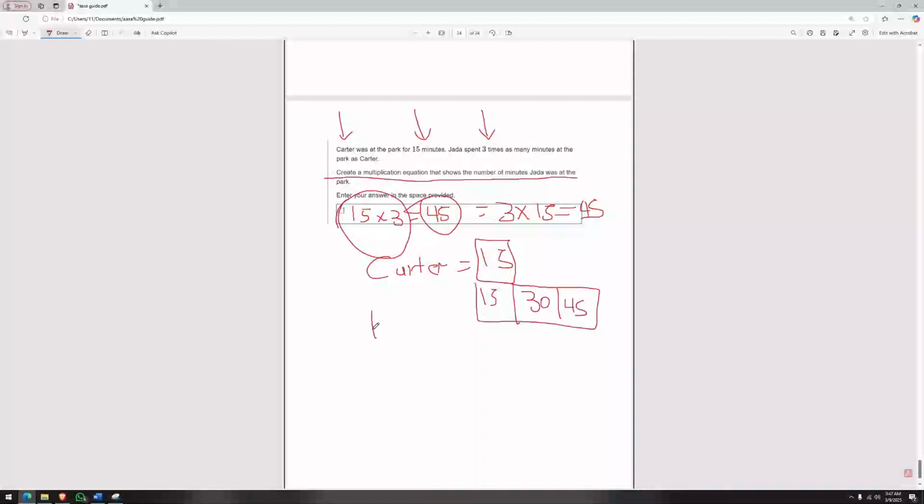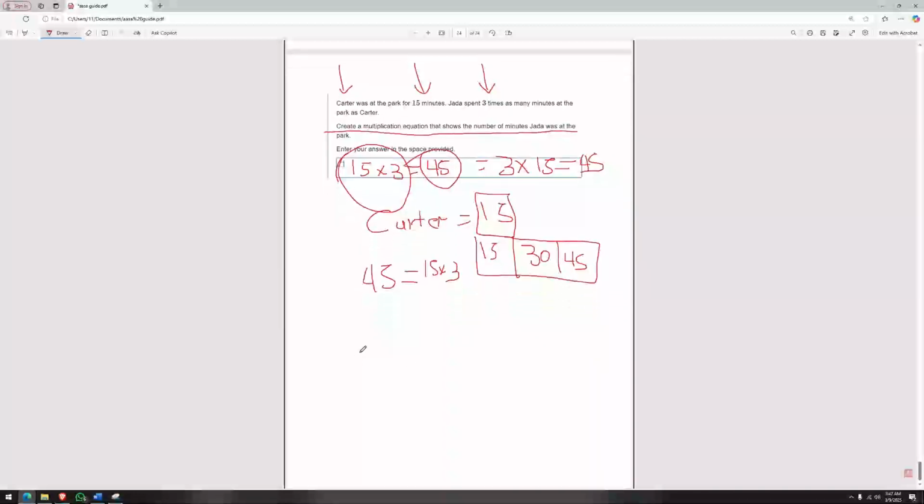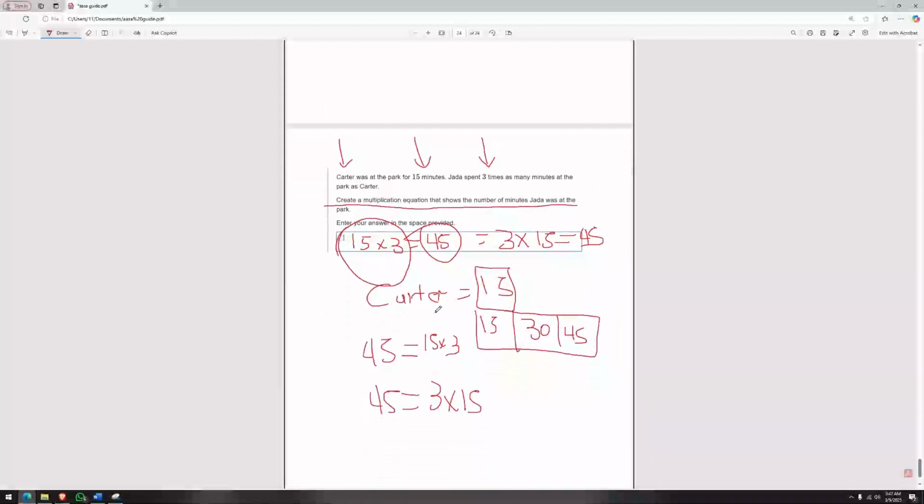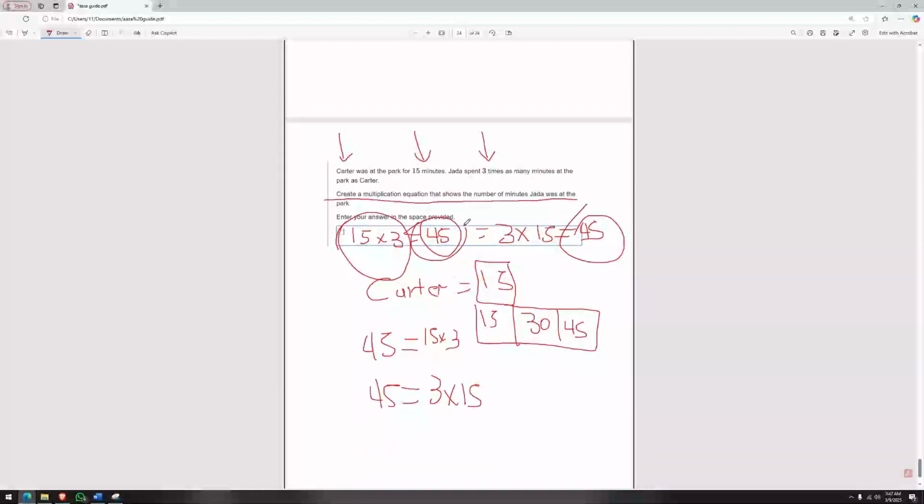Or can be 45 equals to 15 times 3. Or 45 equals to 3 times 15. Con que des 45, if you get 45, you have to put the complete equation.